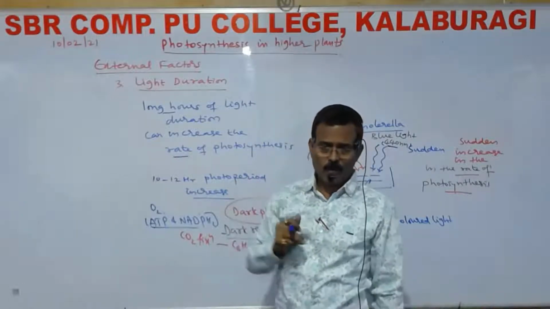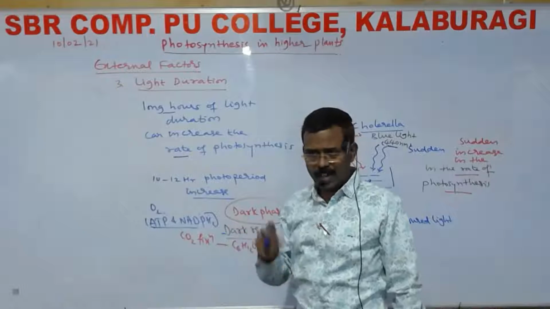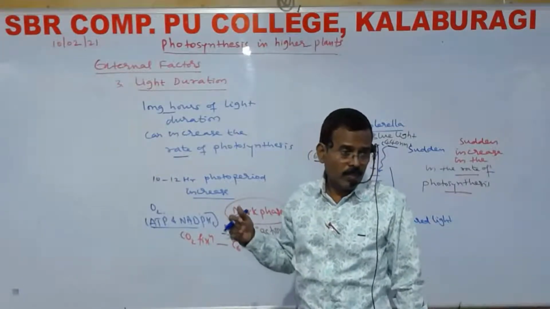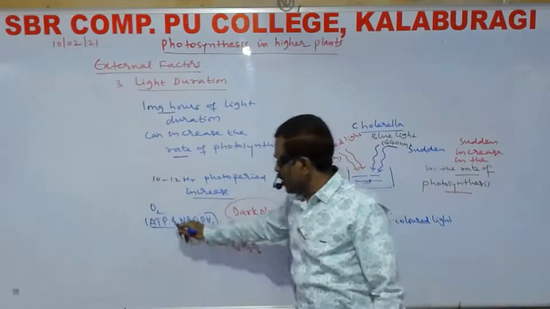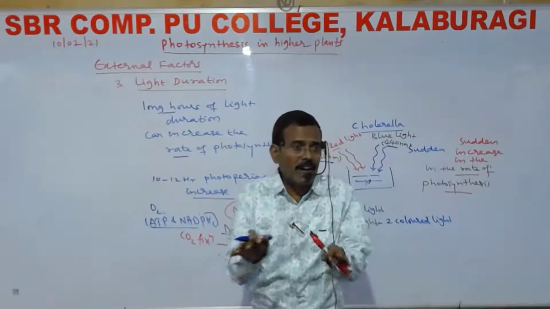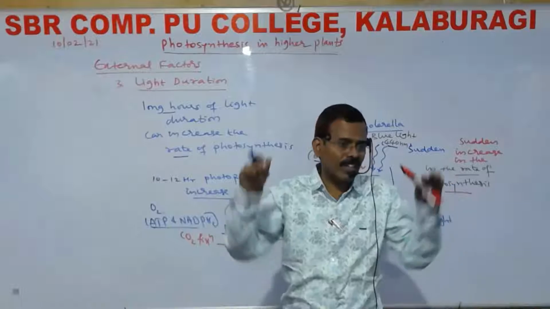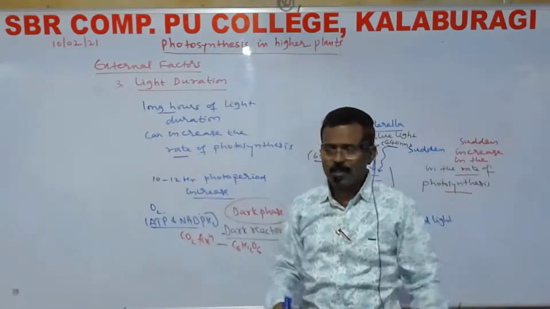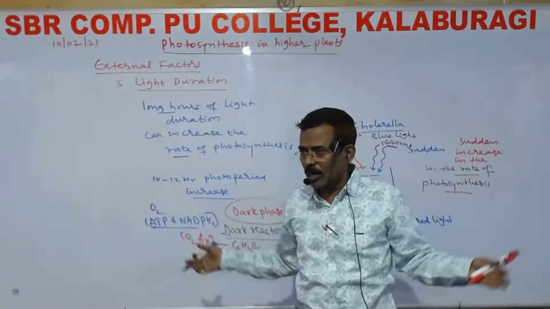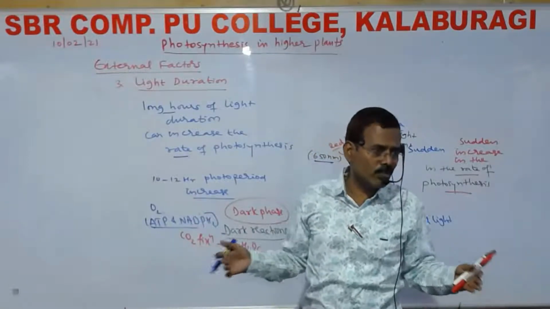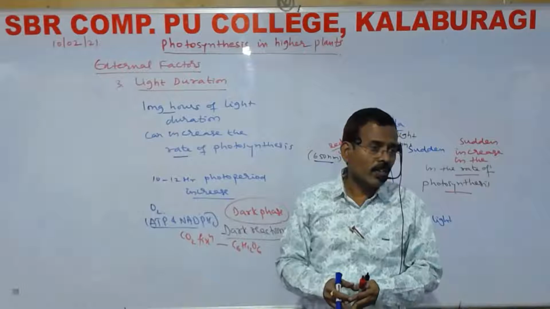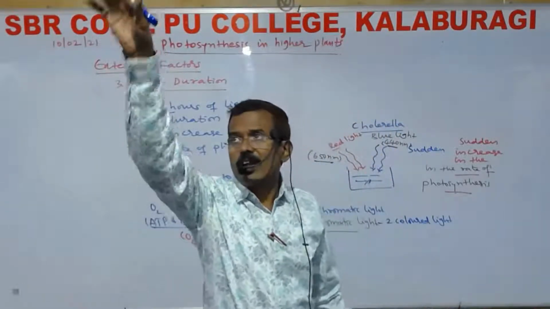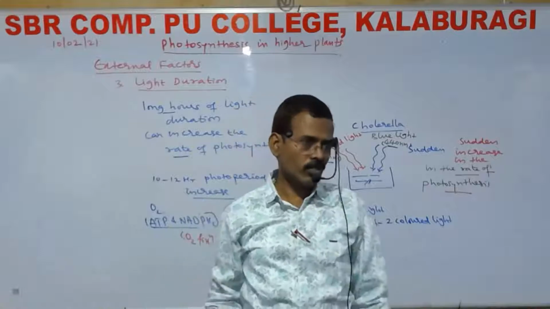If you continuously provide darkness, of course the Calvin cycle can occur, but the Calvin cycle is dependent on the products of the light reaction. Dark reactions can proceed only as long as these products are stored or available in the cell. One point will come when no more ATP and NADPH are available. Hence there is no fixation of carbon dioxide, and hence there is a decrease in the rate of photosynthesis.